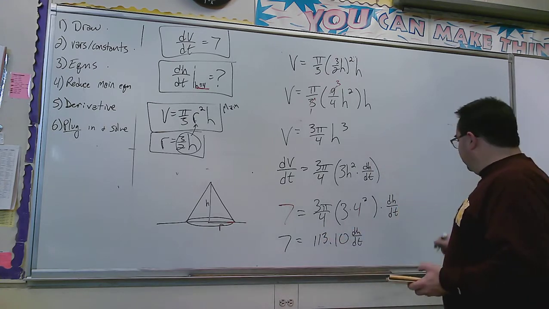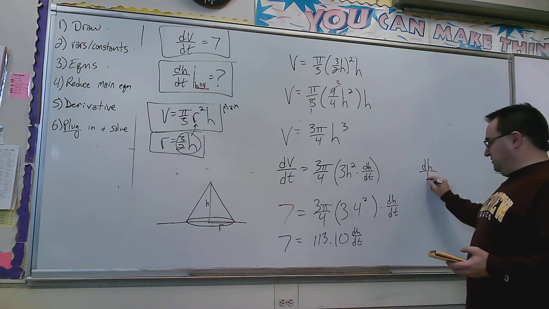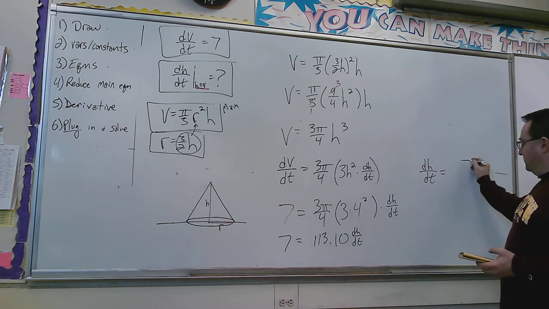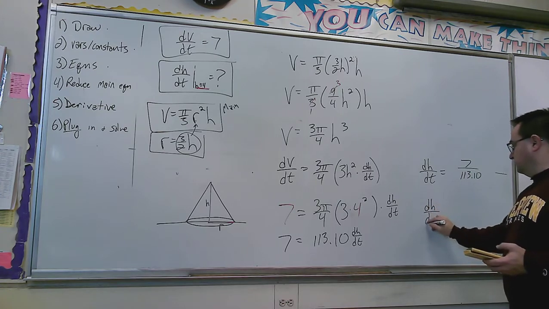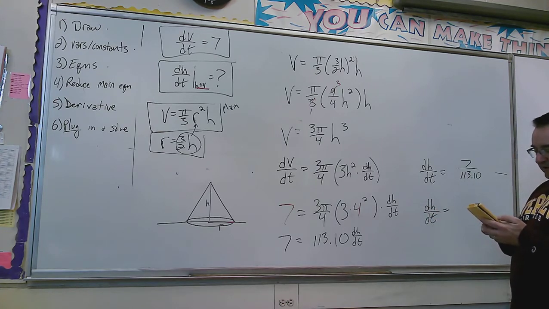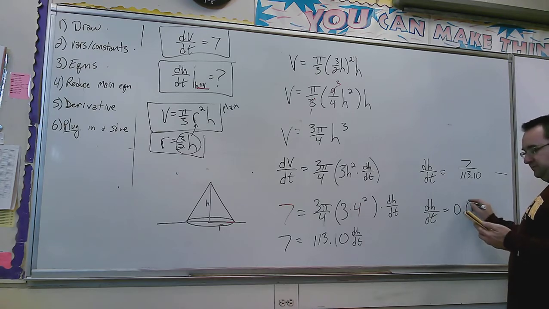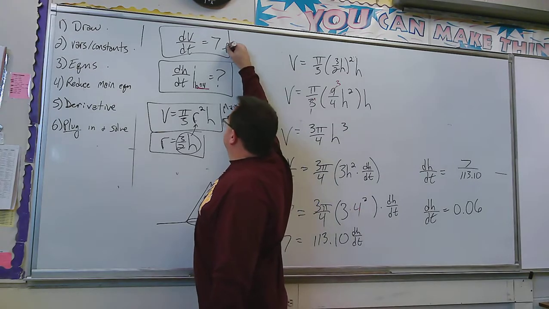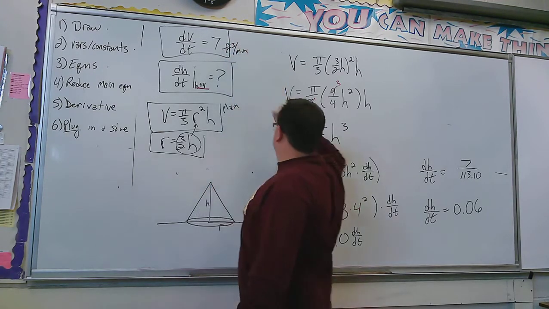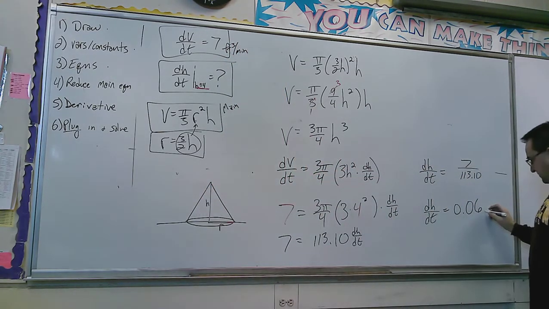And now I'll divide by that, and I have dh/dt is 7 over 113.10, and we'll just figure that out. 0.06. Now this was cubic feet per minute. The height would be changing in this many feet per minute. So it's going up 0.06 feet.